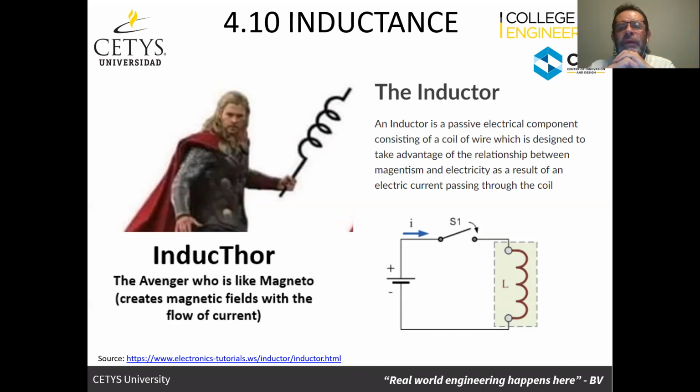We define it as a passive electrical component that consists of a coil of wire. You'll see there are other elements, like a core, that take advantage of this relationship between electricity and magnetism and the flow of current, with current creating magnetism, magnetism creating current, etc. This is a simple circuit where we have a coil there.